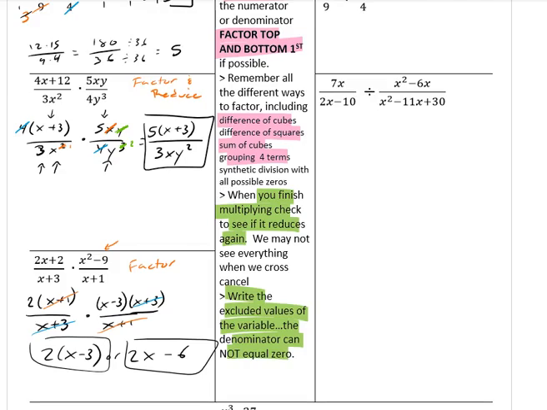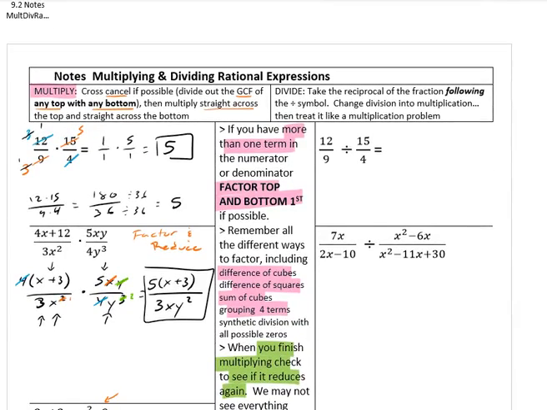Let's look at the right side, which is divide. For dividing, it says, take the reciprocal of the fraction following the division symbol. So reciprocal first. Change division into multiplication, then treat it like a multiplication problem.